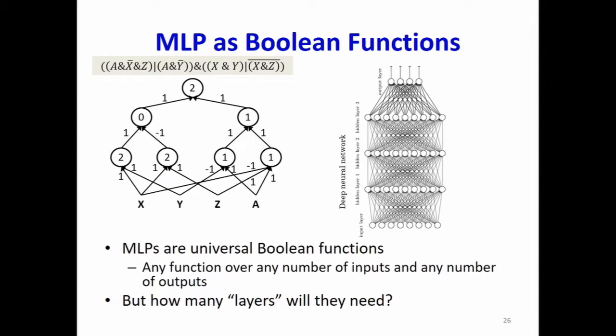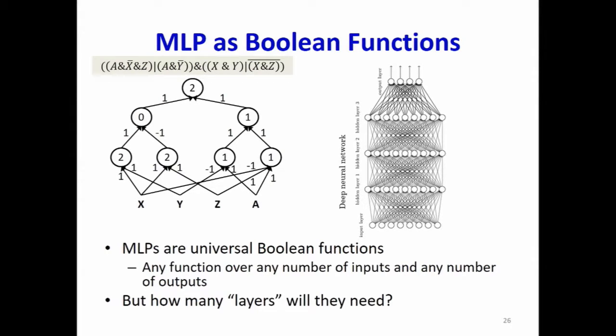Now, in the Boolean function I have to my right and to your left, I have many layers of units, right? How many layers do I have? What's the depth of that circuit? 3, right? And what about the one to the right? 4, right?